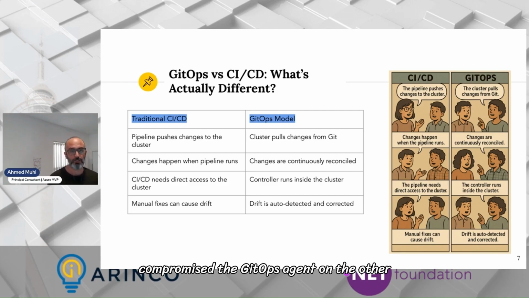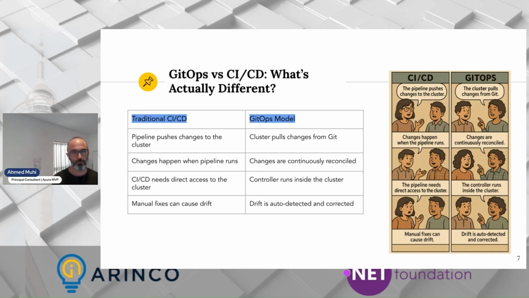The GitOps agent on the other side is a controller sitting within your own Kubernetes cluster, and it is checking a Git repo to say, hey, has the status changed? If not, it will do nothing. But if it found that it changed, it would apply it. No need to give an external system access to your cluster.